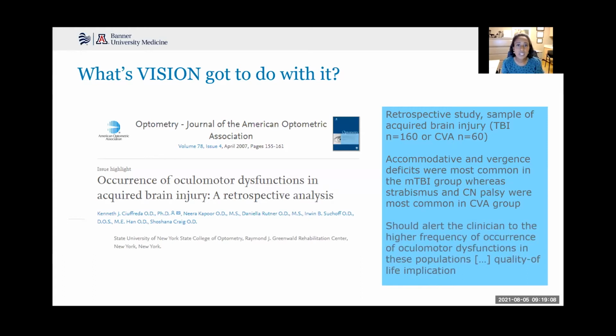So this study is just a good example to alert the clinicians who I work with every day, some of which are kind of new coming on or residents, just kind of alert the clinician to consider the high frequency of the occurrence of ocular motor dysfunctions in this population and that impact of their quality of life.